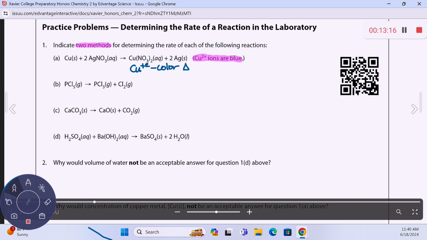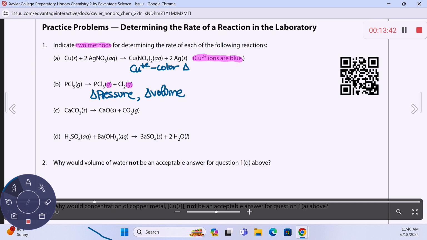Okay, you would use a colorimeter or a spectrophotometer to make that happen. Let's take a look at B. What could I measure in B? Pressure. Yeah, you are producing two gases on the product side. So I would measure the change in pressure, or you could measure the change in what? Volume. Yep, the change in volume. Obviously, the volume is going to increase over time.